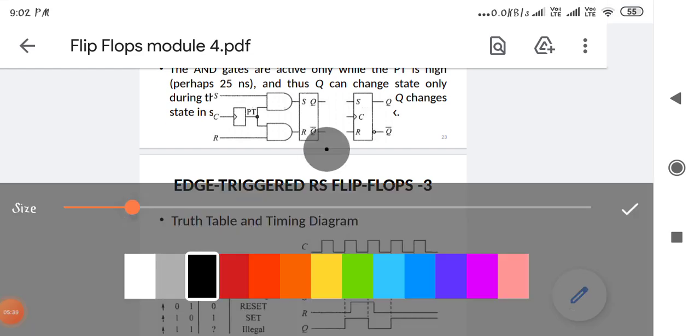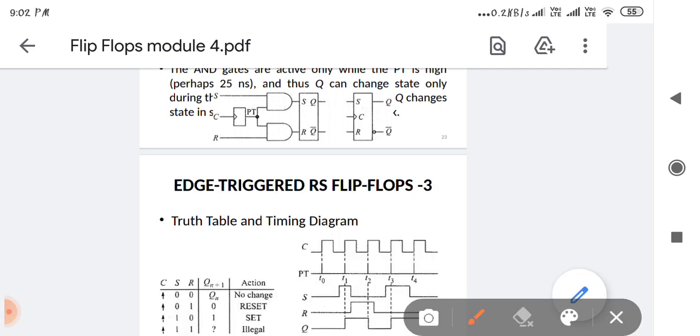Both S and R are zeros and the clock is high, or 1. With the AND gates, a 0 comes here and a 0 comes here, to S and R. How will the output come?